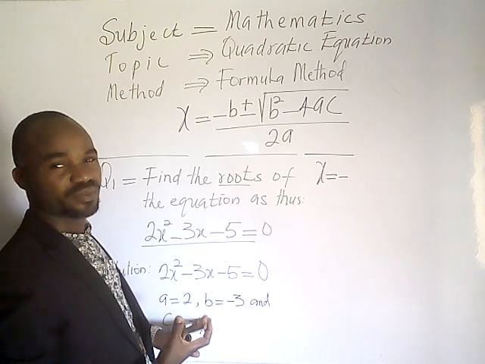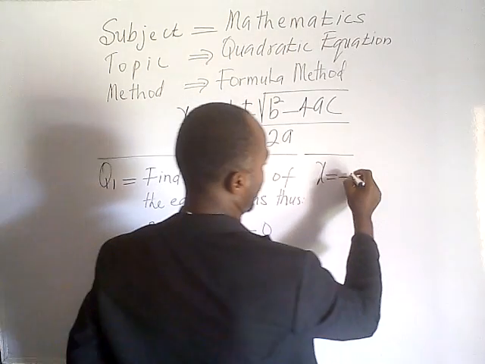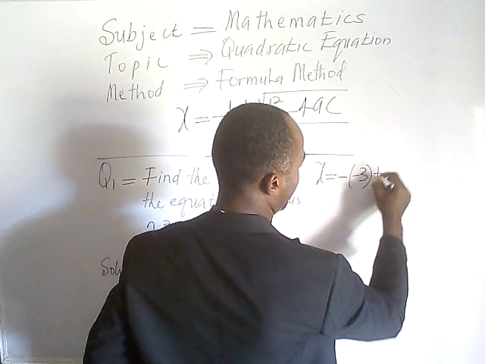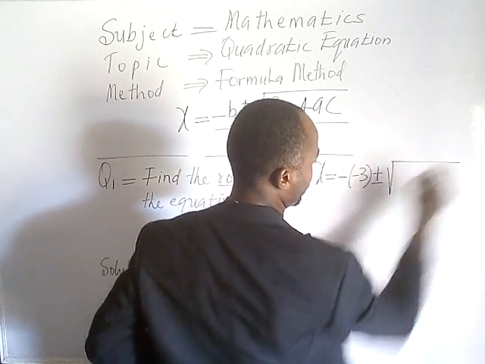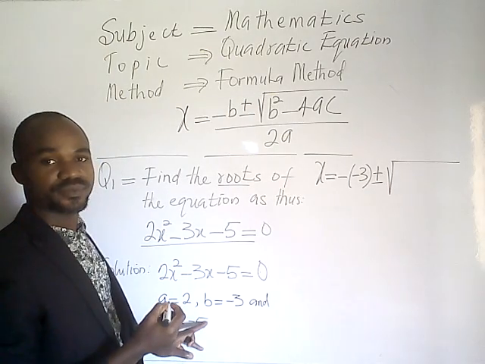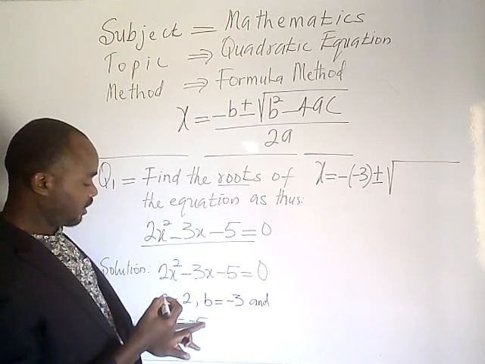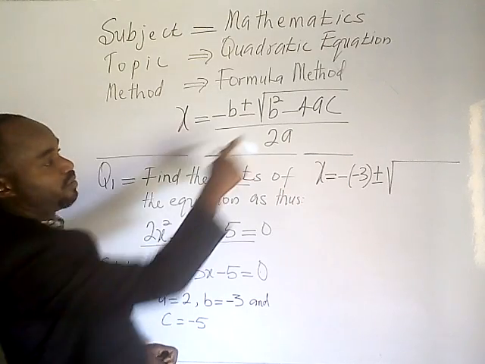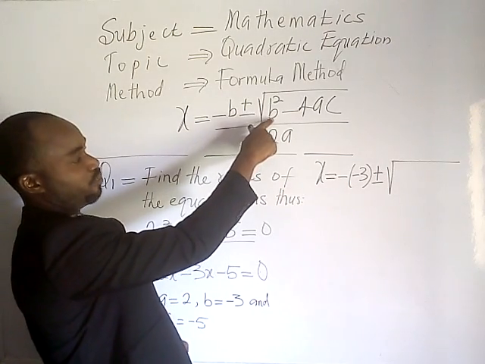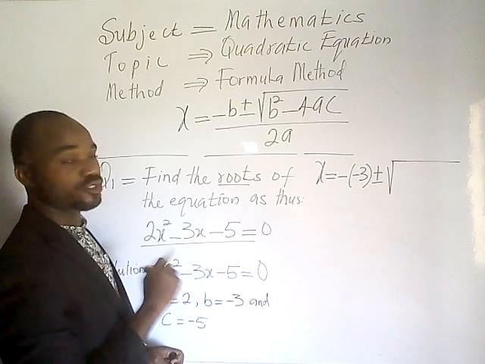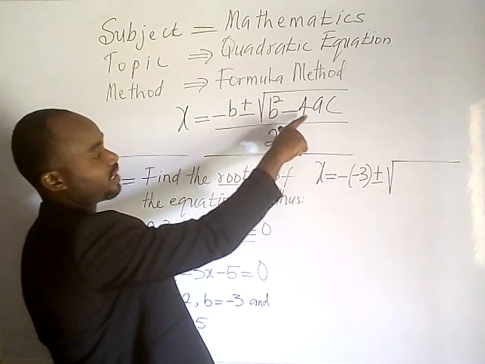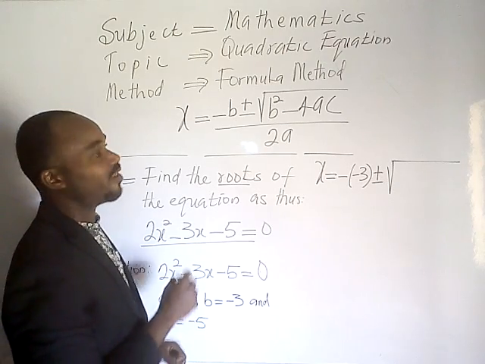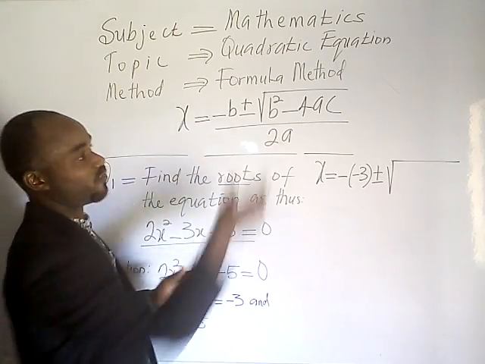Minus 3 should be enclosed in brackets, then plus or minus the square root. The contents of the square root are b squared and minus 4ac.